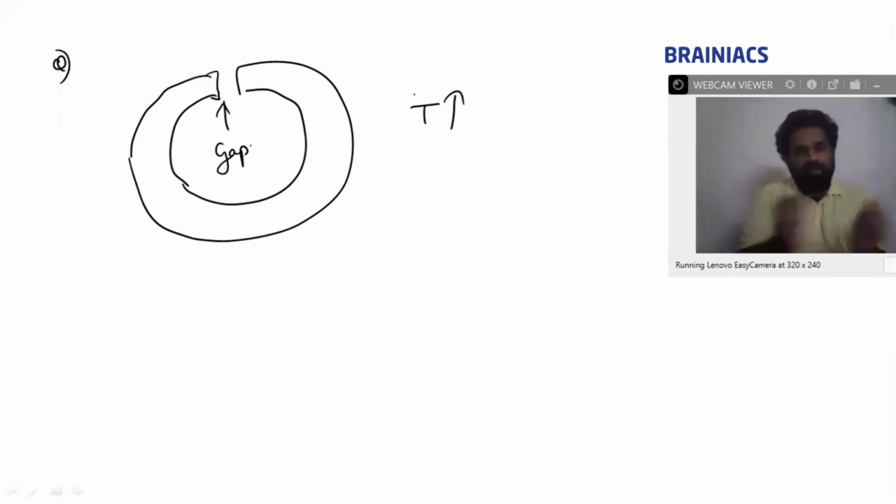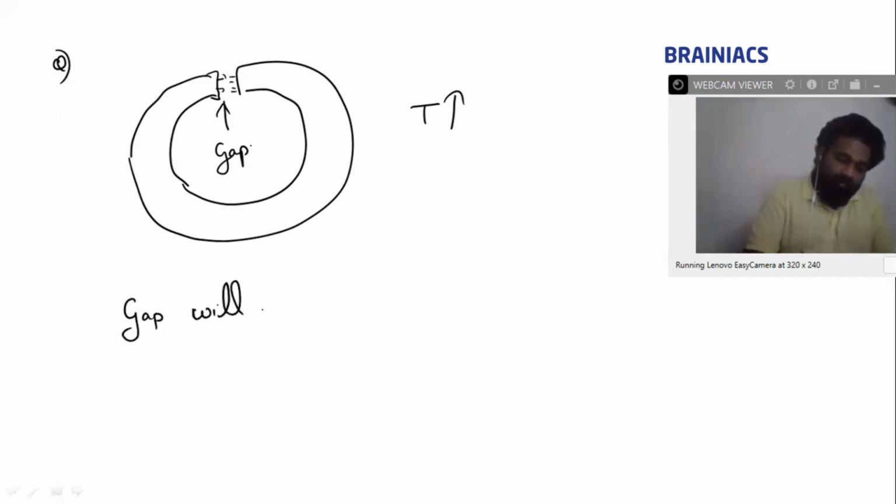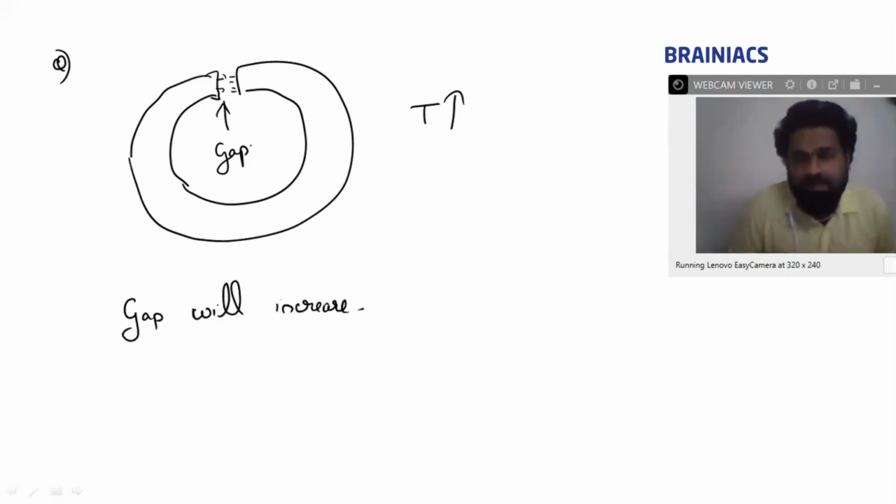If it expands inwards, molecules will come closer, so they don't prefer it. So the answer is the gap will increase. If we increase the temperature, all the cavity, gap, everything will increase. Clear? So this is another one.